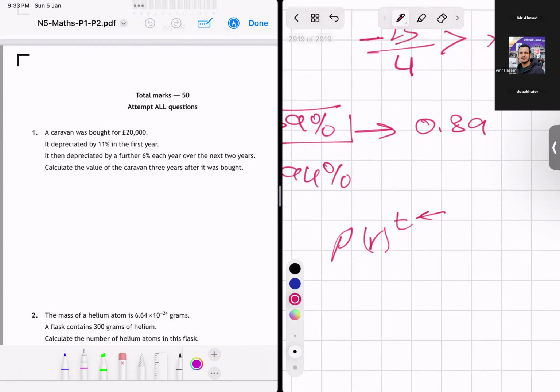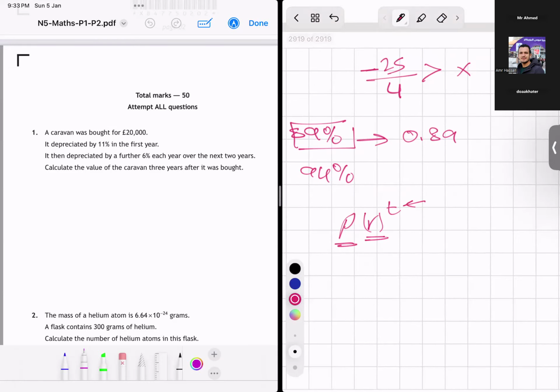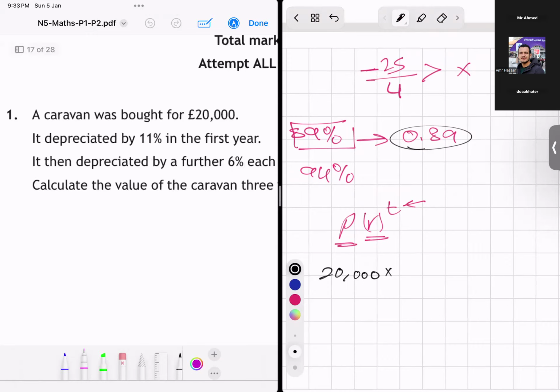T stands for time, R stands for rate, and P is the principal, which was 20,000. The rate for the first year was 11%.